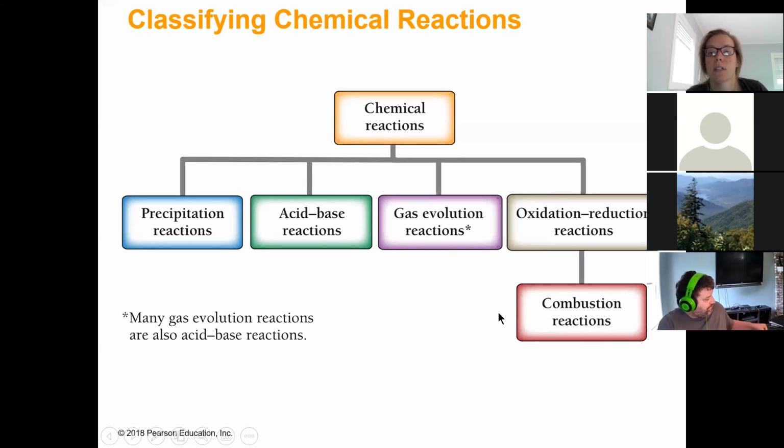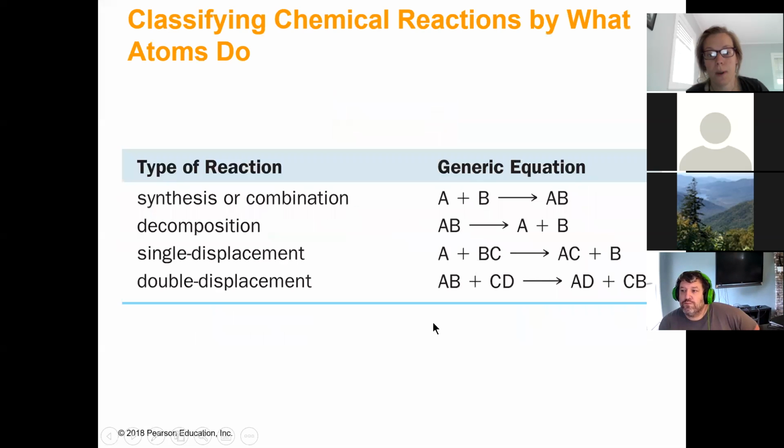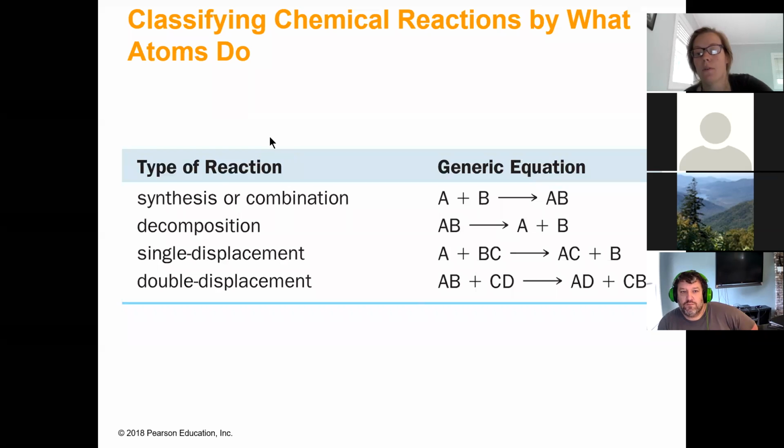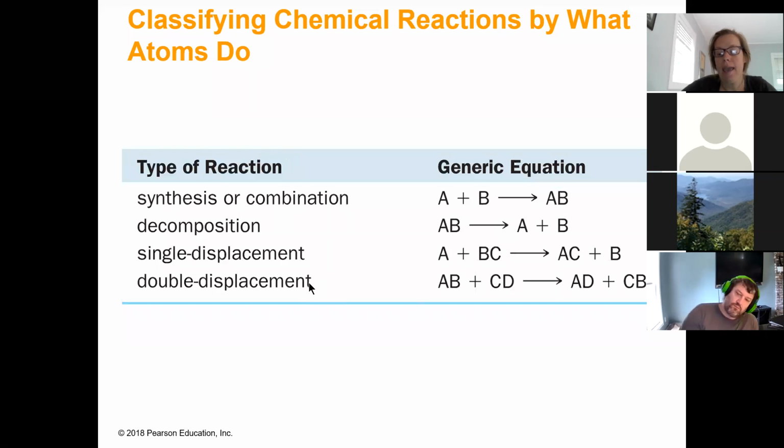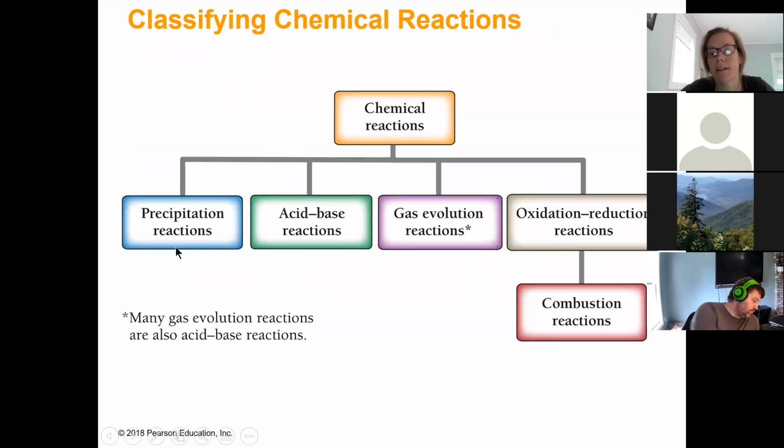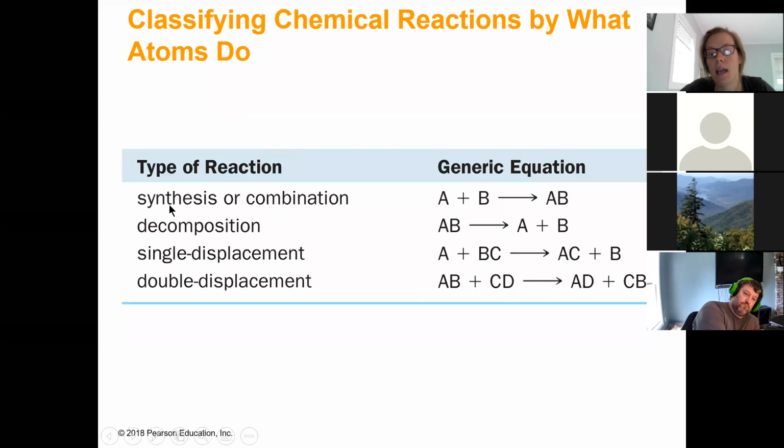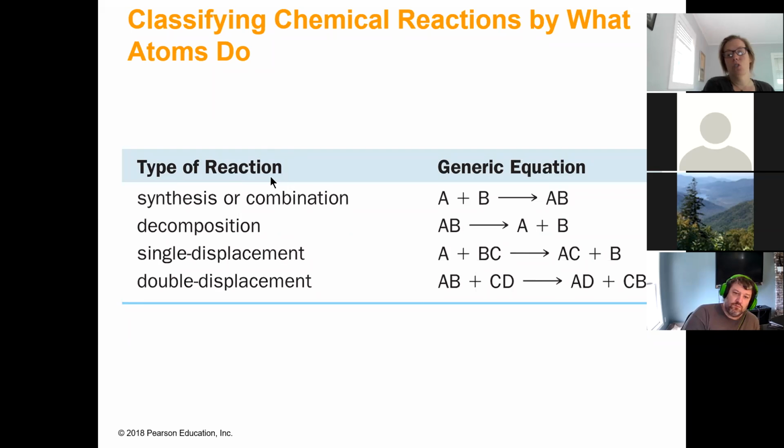So this is a way to describe different types of chemical reactions by what the properties are. There's another way, and we can layer this on top of the other ones. So you could be a precipitate reaction over here and also be a double displacement reaction, okay? These types of reactions are being classified off of what the atoms do.